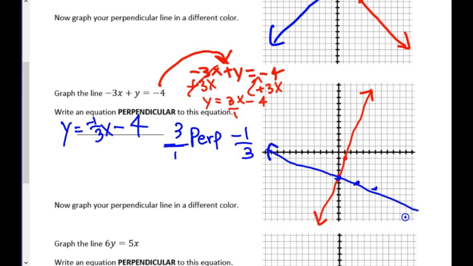After doing that, you should have two lines that are perpendicular at right angles. Did you get something similar but better than that because you used the straight edge? I see, for the most part, yeah. Just make sure you do the second line.